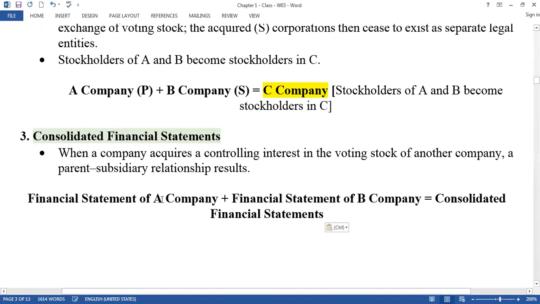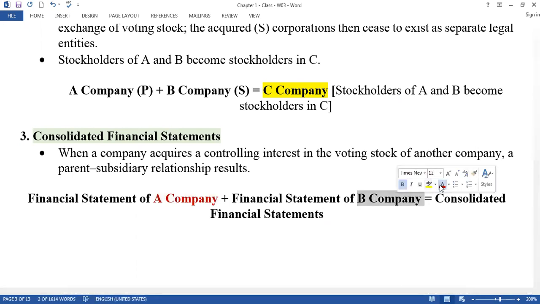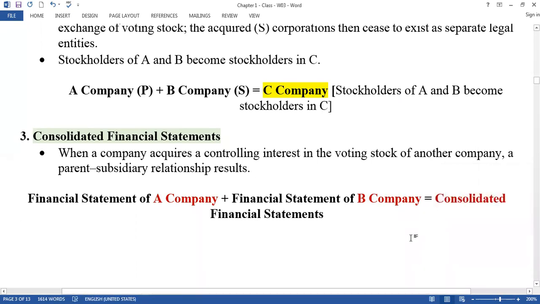So the financial statement of A company plus the financial statement of B company becomes the consolidated financial statement. Something like: A company's asset $1 million, B company's asset $2 million, so it becomes now $3 million. Do you understand?